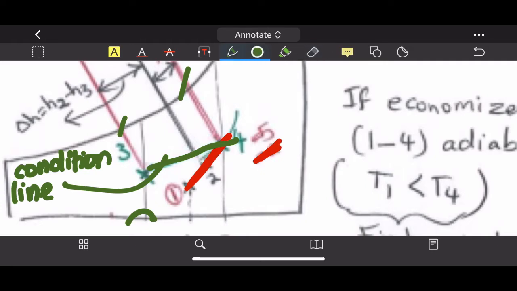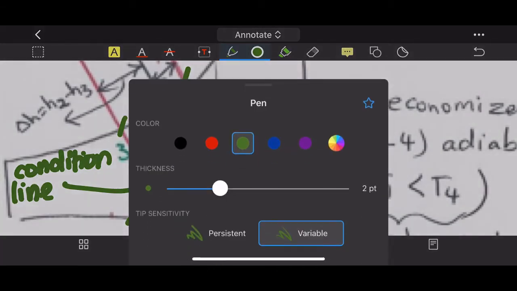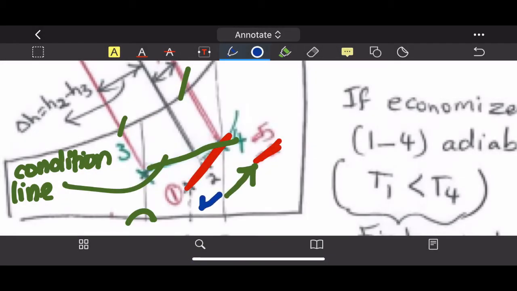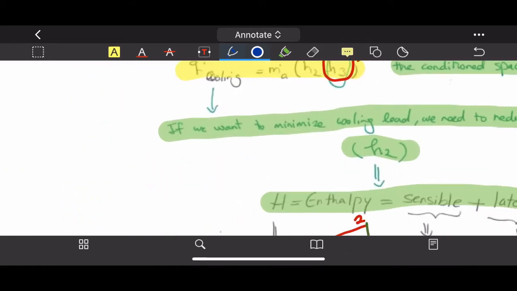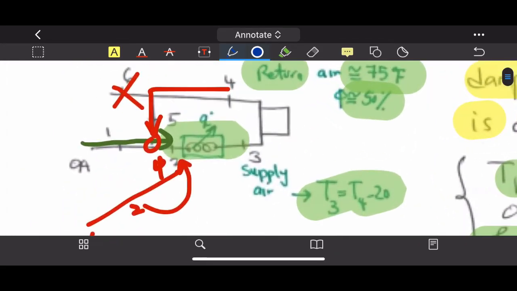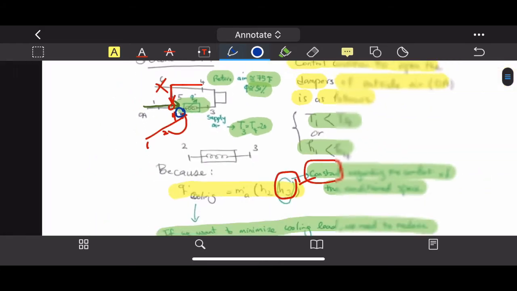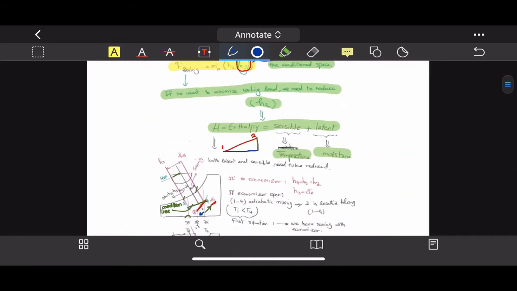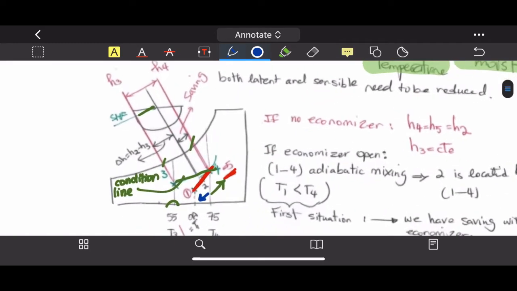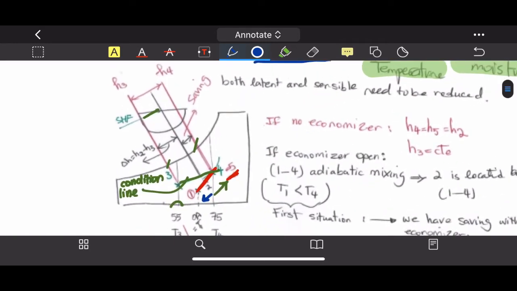If 2 goes this way, H will increase for 2. If 2 drops close to 1, H2 will drop and become cooler. That means the air that goes into the room, number 2, will become either cooler or hotter. In winter, we want T2 to become hotter.